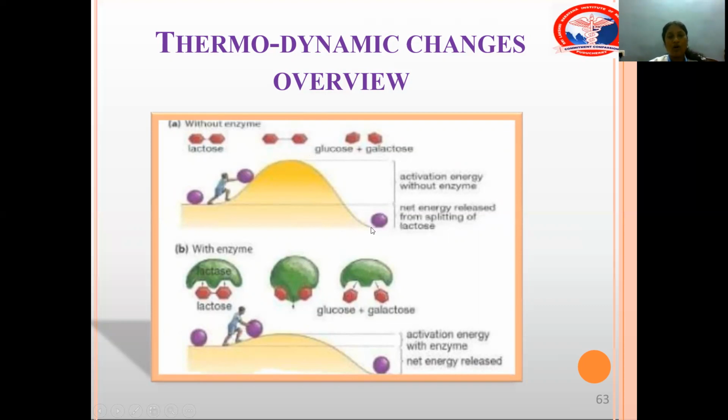This is the ultimate product which we need. The net energy released is here, and this is the activation energy required for that person to go uphill and then transfer the load downside. Whereas if there is an enzyme, the hill is reduced to a small one, and so he can easily transfer it from one side to the other.